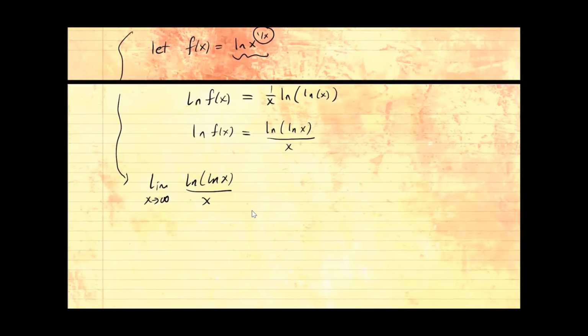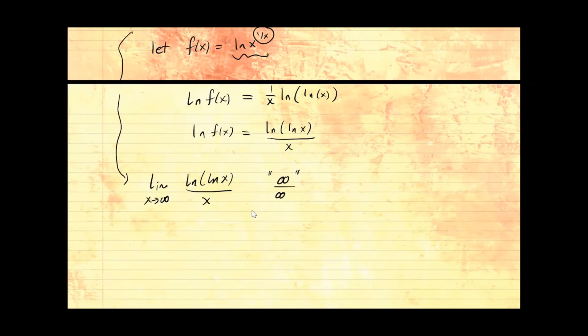Does it go to infinity? Or 0? Infinity. This is going to grow slowly, but it will still go to infinity, right? And on the bottom, you have x. So if you go to infinity, you'll still go to infinity. So you have this indeterminate quotient, which is infinity over infinity. Now you can use L'Hopital's rule.